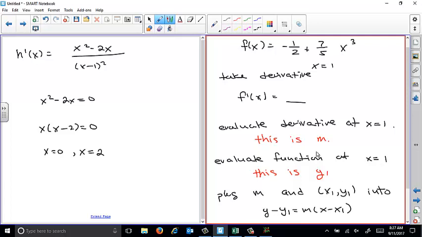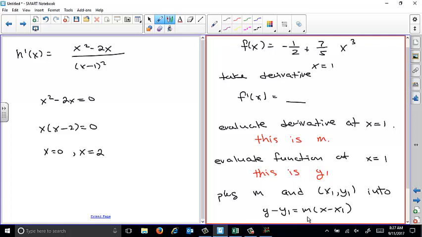So you evaluate the derivative at x equals 1 to find the slope of the tangent line. Then you plug x equals 1 into here to get the corresponding y value. And then you use the known slope of the tangent line and the point on the curve to find the equation for the tangent line.